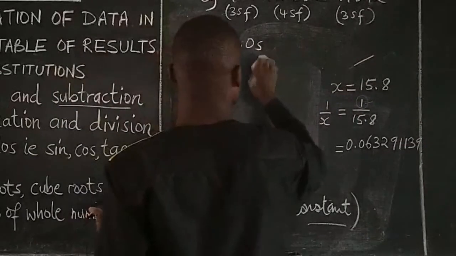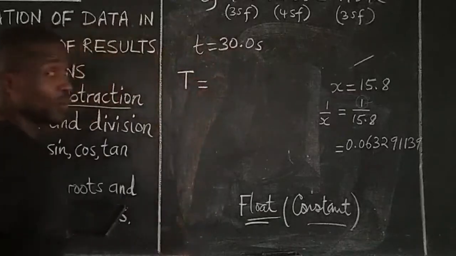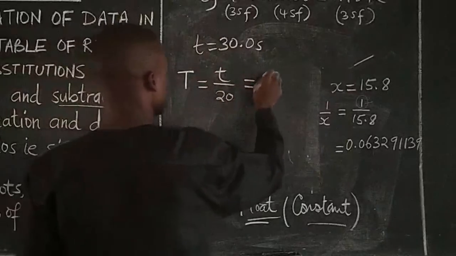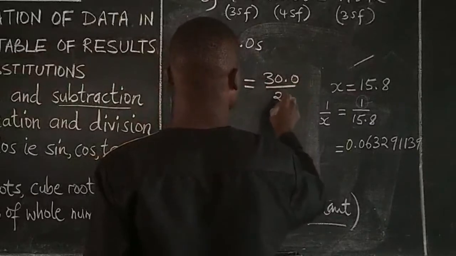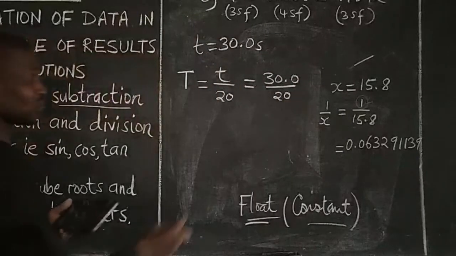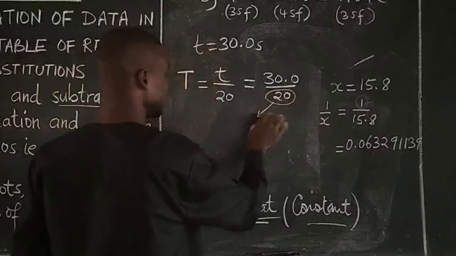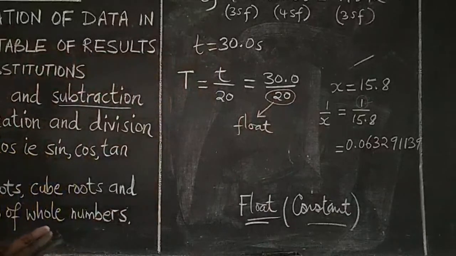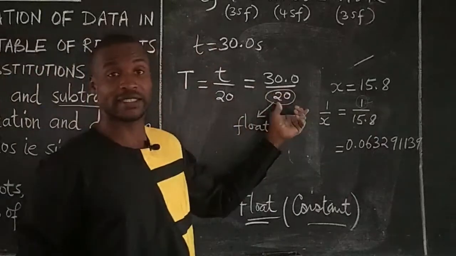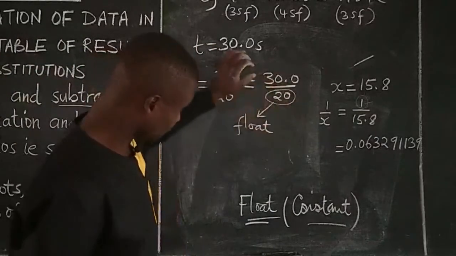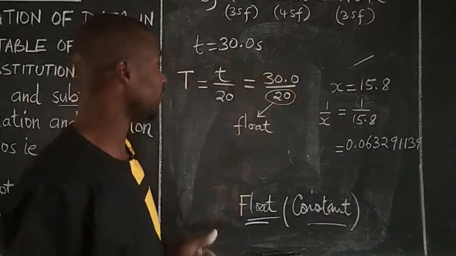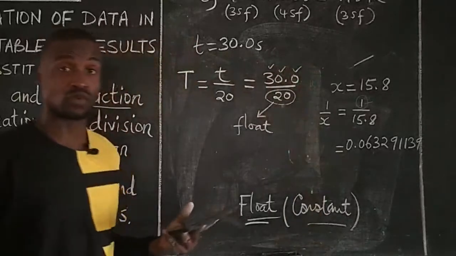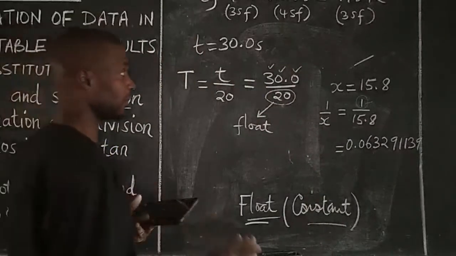Remember, this is time for 20 oscillations, so the period is this time divided by the number of oscillations, which is 20, giving you 30.0 divided by 20. Now, this 20 is a float, a constant, so it does not affect the result. Our answer has to be written to 3 significant figures because these are 3: 1, 2, 3 significant figures.